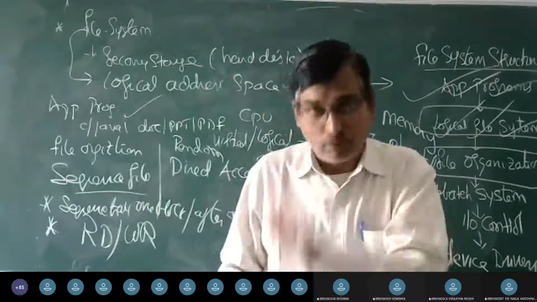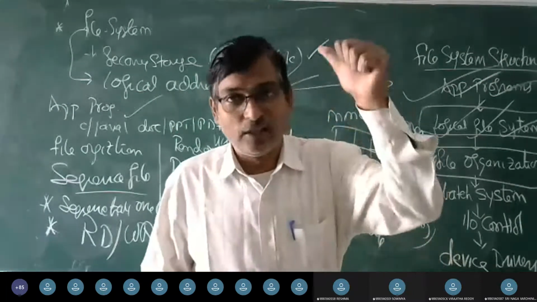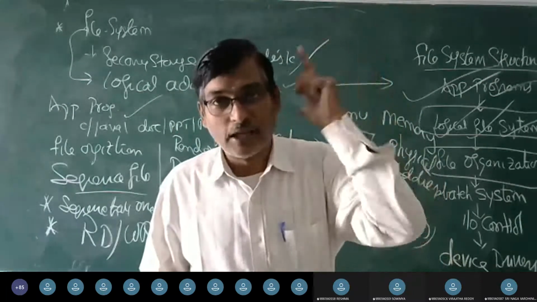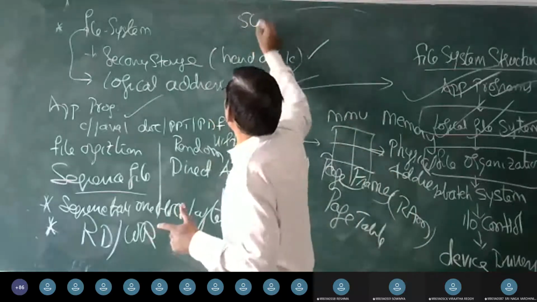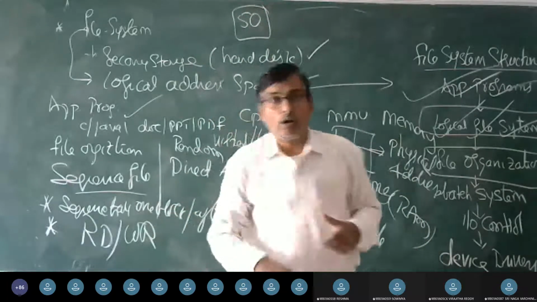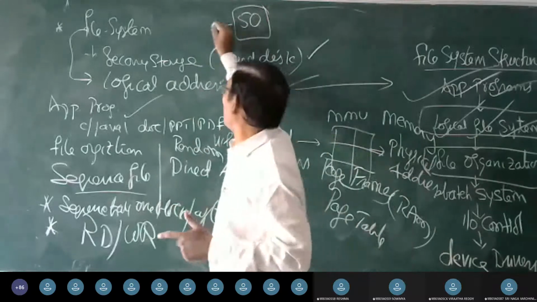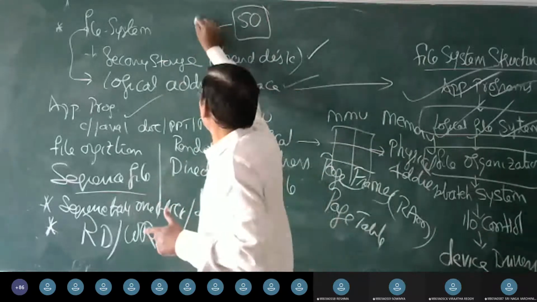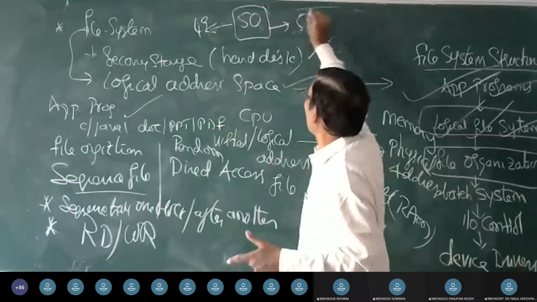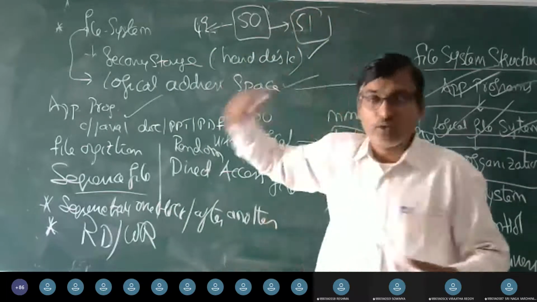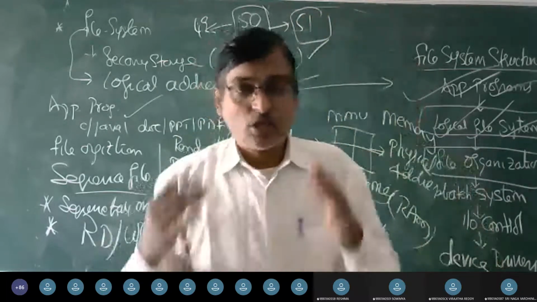To do this read or write, we do a file open or a file close. That means if I am at block 50, I can move one step towards 49, or I can move one step forward to the 51st location.